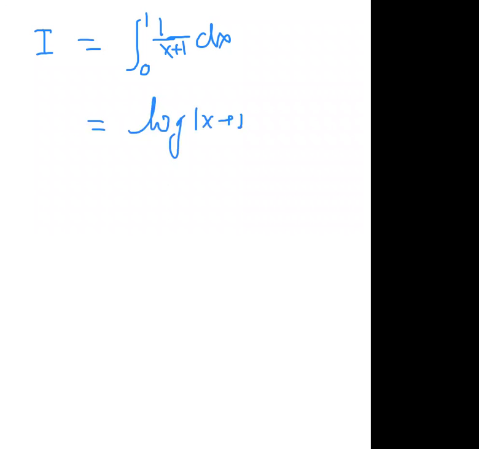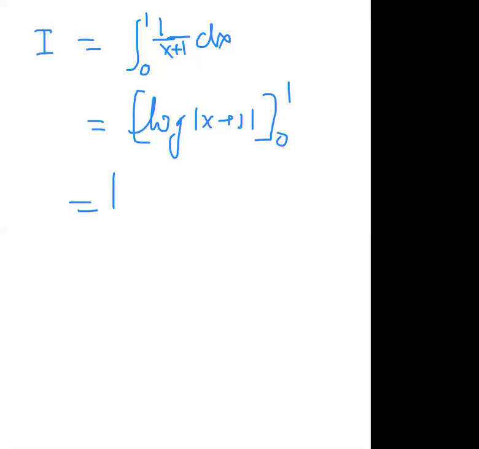One very easy question I'm taking. The integral of 1 upon x plus 1 dx, from 0 to 1. So its integral will be log mod x plus 1 for the limit 0 to 1.